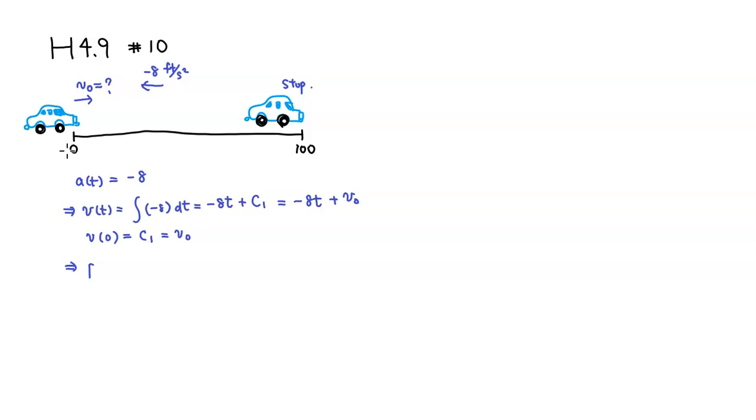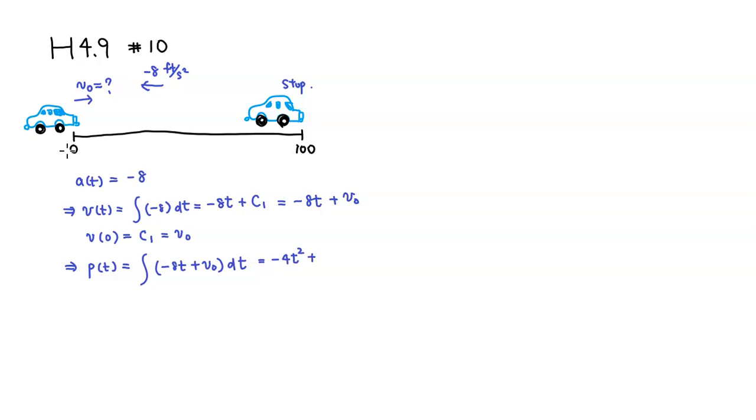Then we can do a position function. I'm going to use p of t. It's going to be the antiderivative of the velocity function, which is negative 8t plus v sub 0, with respect to t. The antiderivative of negative 8t would be negative 4t squared.